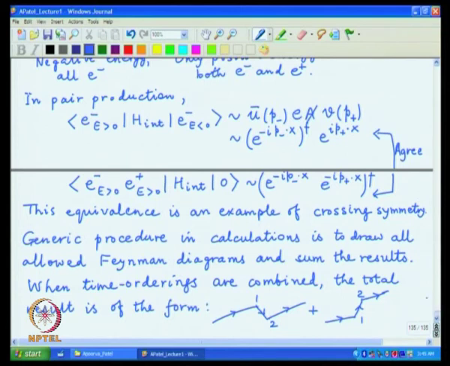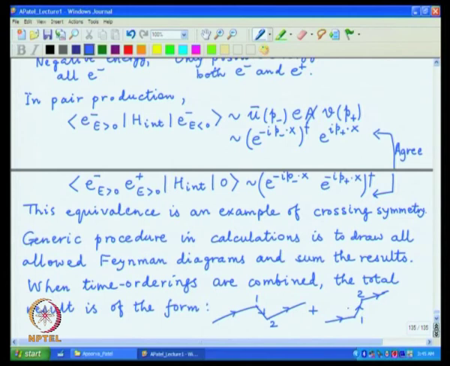Their locations are not restricted, they are the interaction positions, but the interaction positions could be anywhere, and so they can be ordered either in a situation where 1 is in the future of 2, or it could be that 2 is in the future of 1.